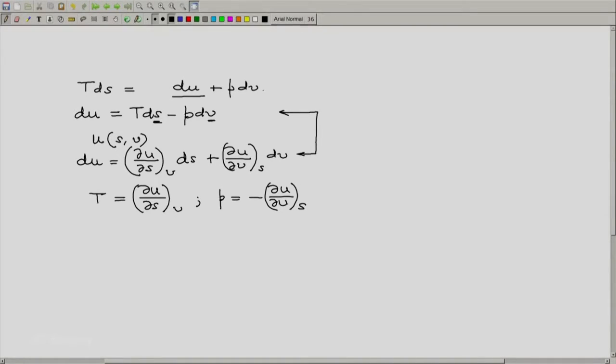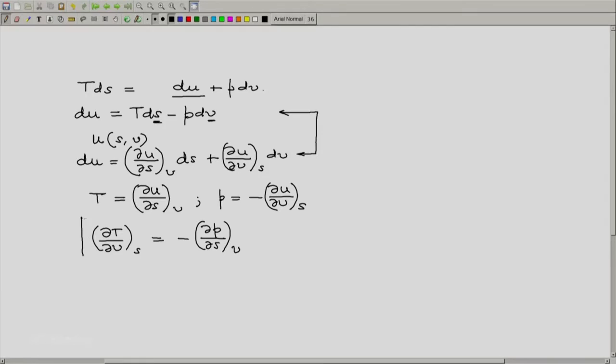Now this is the first derivative relation. Because the right hand side of this equation is an exact differential, we must have the cross derivative relation also applicable, and hence, using the second derivative relation, we get partial of T with respect to v at constant s is minus partial of P with respect to s at constant v.